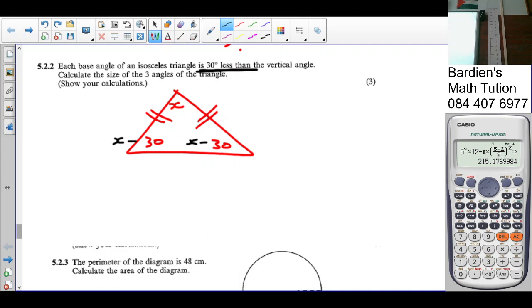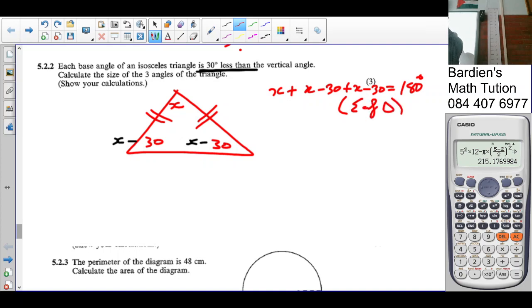Calculate the size of the three angles of the triangle. So how do we calculate the three angles? x plus x minus 30 plus x minus 30 is equal to 180. Reason? Sum of angles in a triangle. x plus x plus x is going to give you 3x.